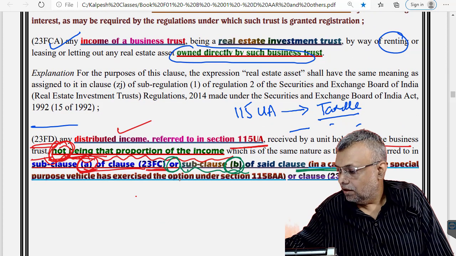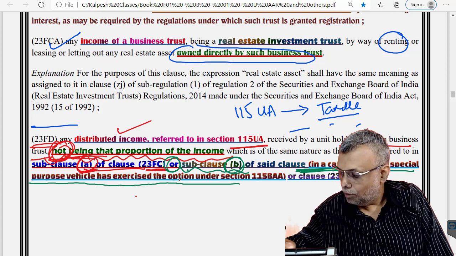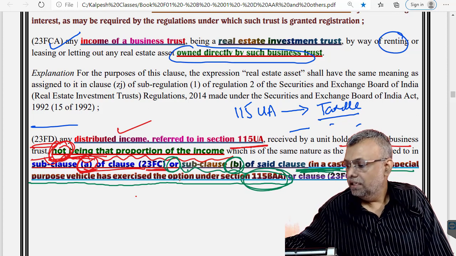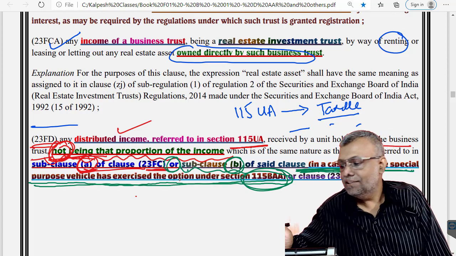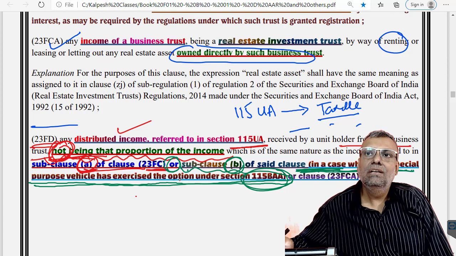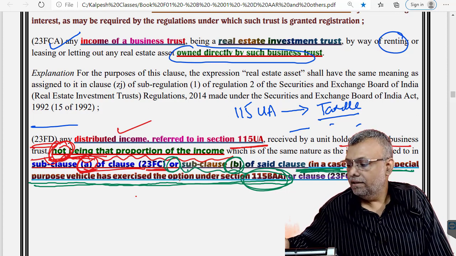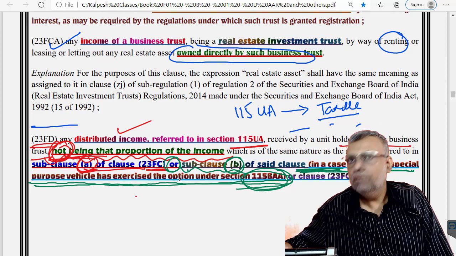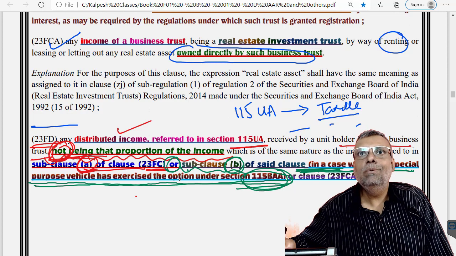But see the bracket now: in case where the special purpose vehicle has exercised the option under section 115 BAA. So only where it has exercised the option under 115 BAA provisions, only then it will become taxable.